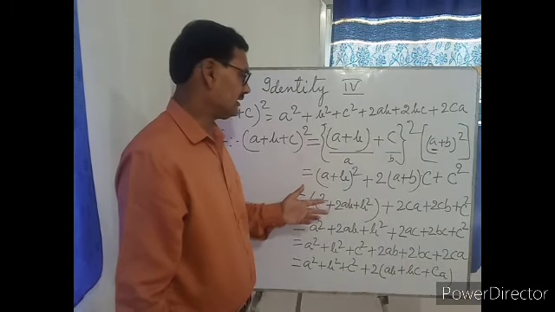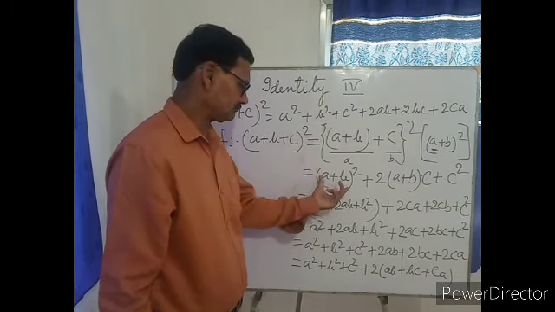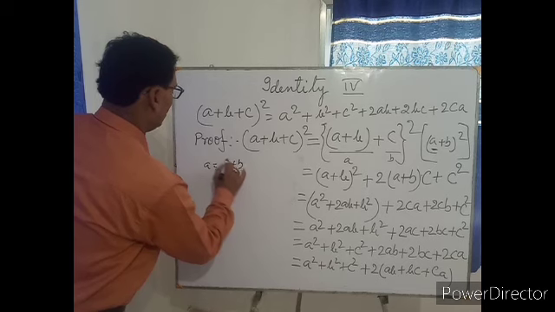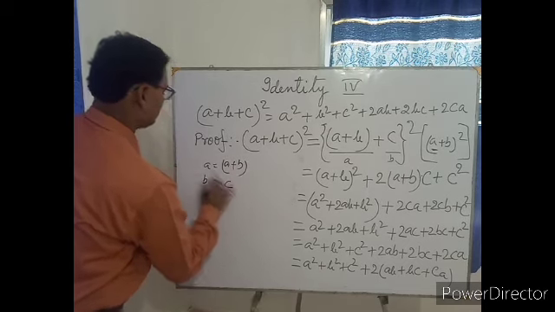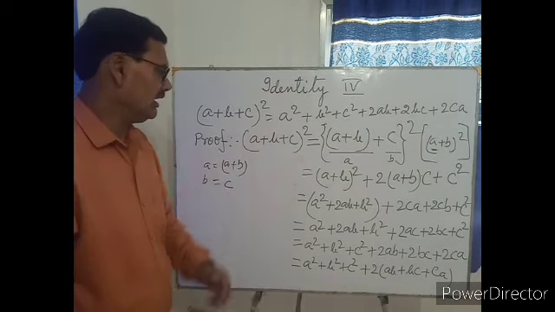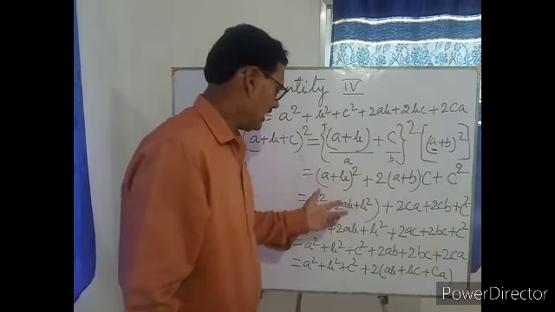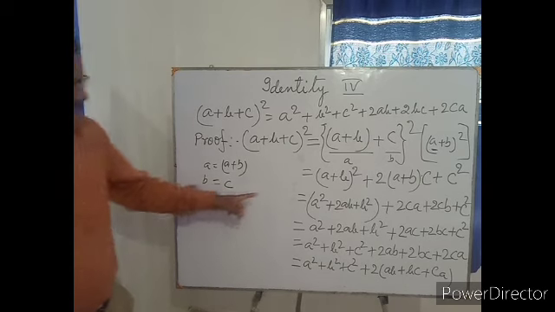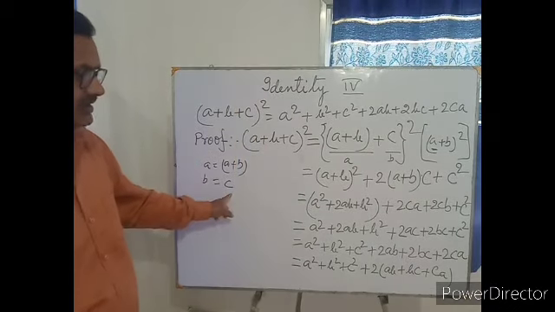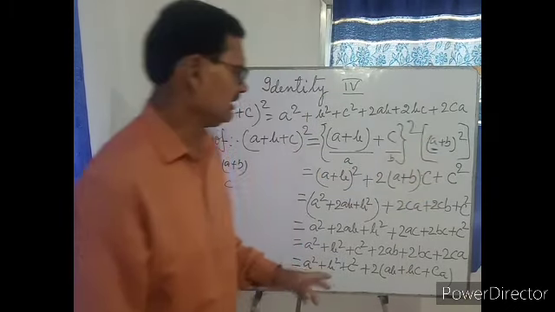Now A square, what is A square? A is equal to A plus B, and B is equal to C. So here A square means (A plus B) whole square. 2AB, 2 into A is equal to (A plus B) into B is equal to C. So 2AB and B square, B is equal to C, so for B we have written C square.